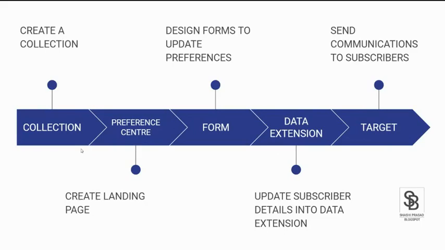Let me select certain preferences which I'm interested in. If I'm giving him that option, he might change his mind from unsubscribing from all the communication to just selecting his choices, his preferences. This preference center basically changes the whole dynamics of your communication with their engagement, right? And you will always be in a win-win situation.